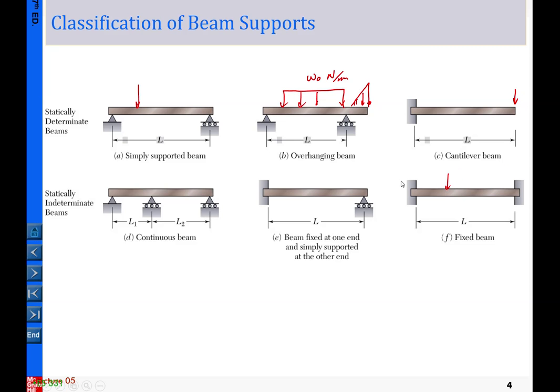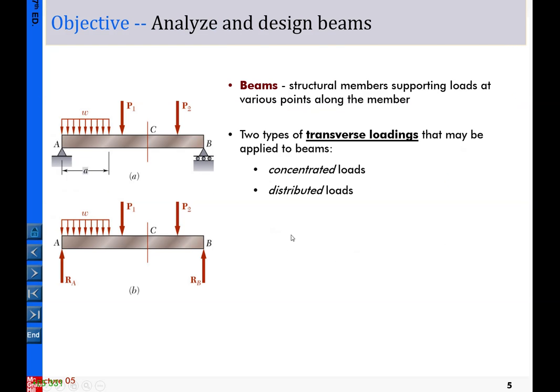The loading can be any of those things. Under these situations, if we have combined point loading and distributed loading, the goal is to know the distribution of the reactions throughout the beam.